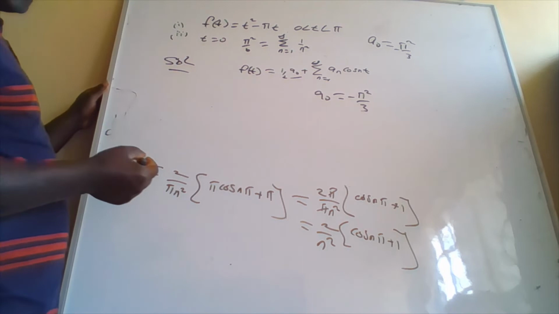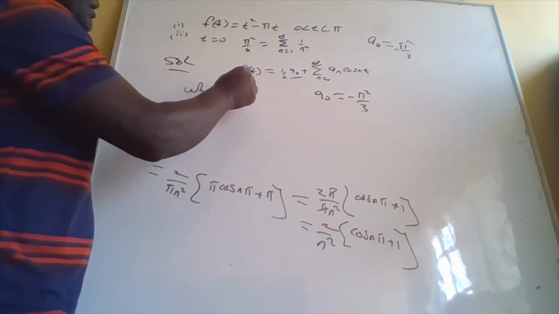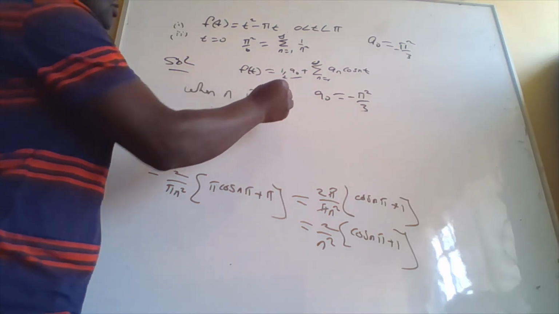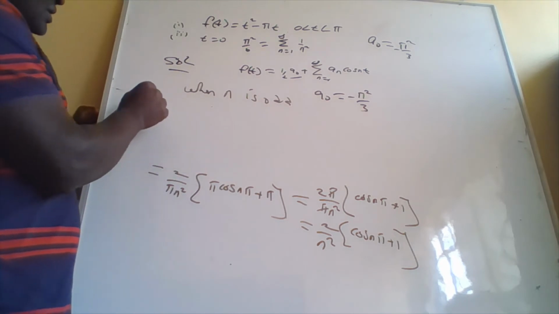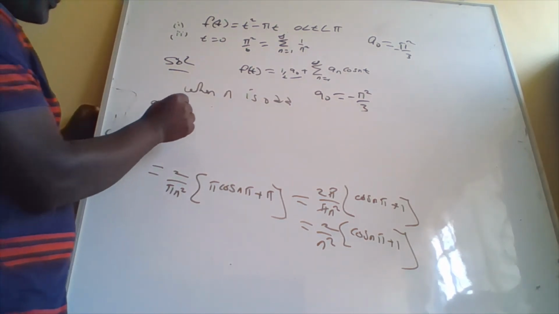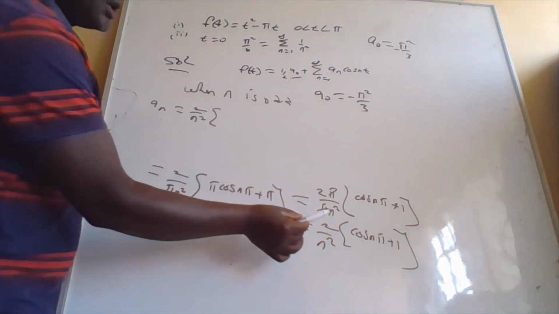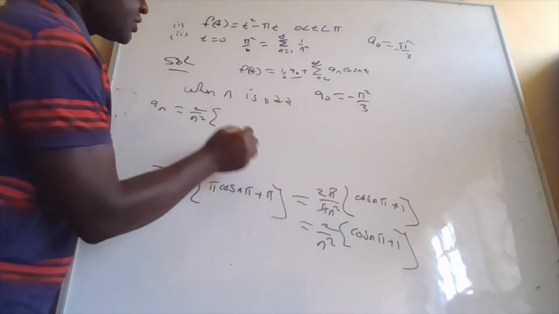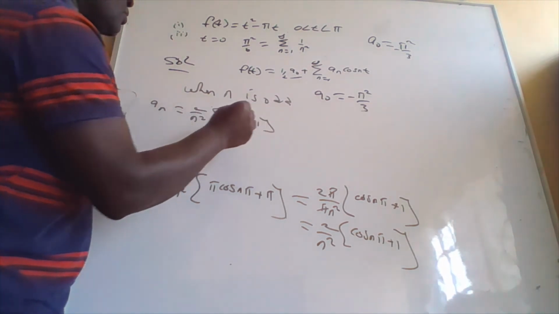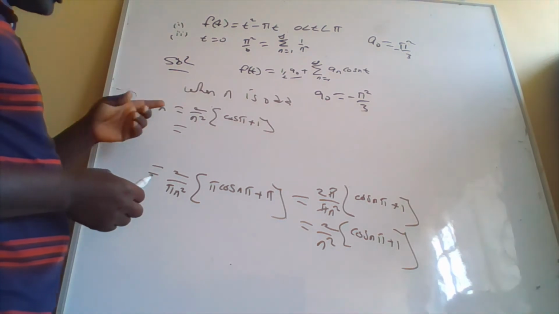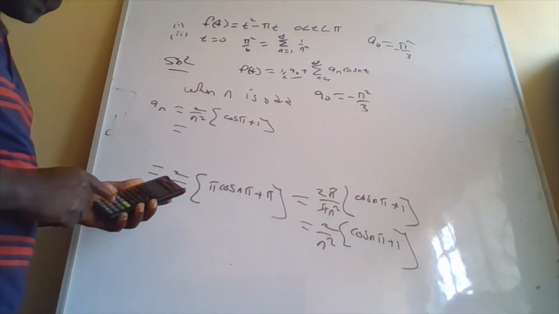Now at this point we can consider when n is odd, we use 1. So we can say that an equals 2 over n squared into, now when n is 1, we get cos pi plus 1, which is equal to, cos pi is the same as cos 180.